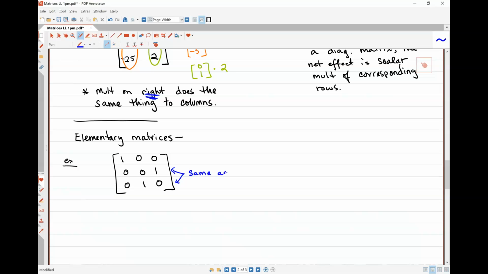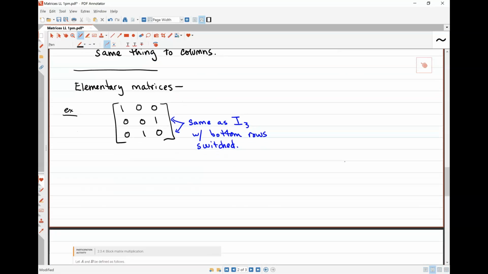So this is the same as I3 with the bottom two rows switched. Let's see what happens if we multiply another matrix by this. I'll give it a name, we'll call it E1.